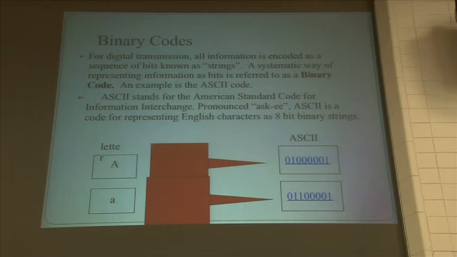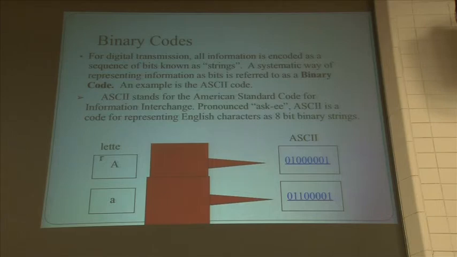Binary code, as I said, is one of the really basic ways of transmitting this information. And this acronym ASCII, we pronounce that as ASCII. Again, if you've ever done any computer coding, you've heard of the ASCII system. The American Standard Code for Information Interchange.